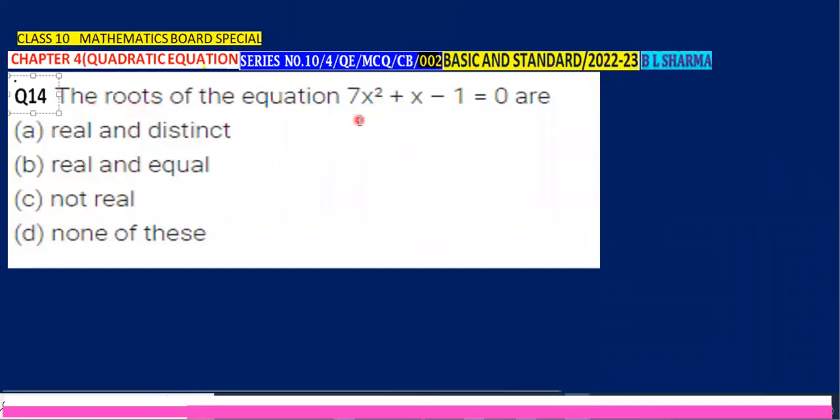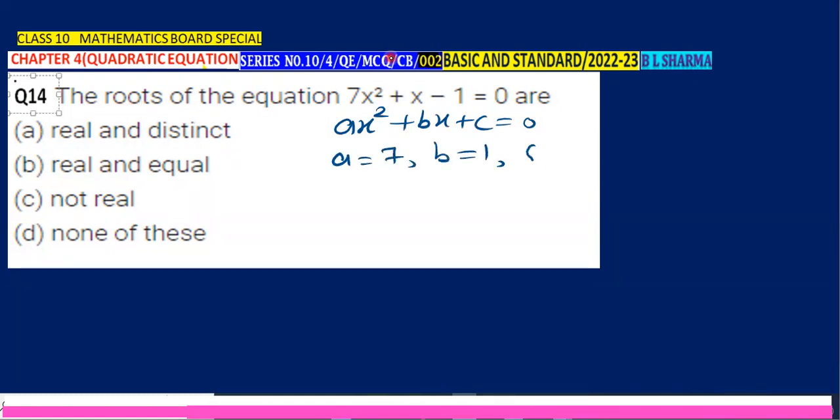The roots of equation 7x square plus x minus 1 are. कैसे हैं? Means we have to say about the nature of roots. Real, distinct, not real. So what we do, we compare with the standard form ax square plus bx plus c is equal to 0. So here a is 7, b is 1, c is -1. So discriminant is given by b square minus 4ac.